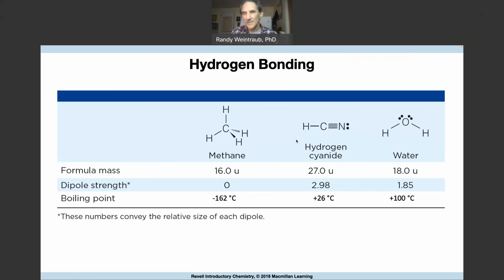As expected, it has a significantly higher boiling point of 26 degrees C. But the third, water, is surprising. Its dipole is smaller than that of hydrogen cyanide, but its boiling point is much higher.